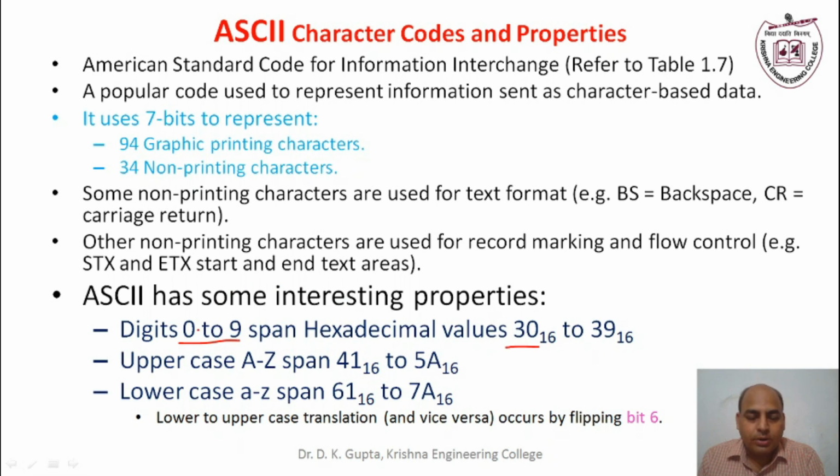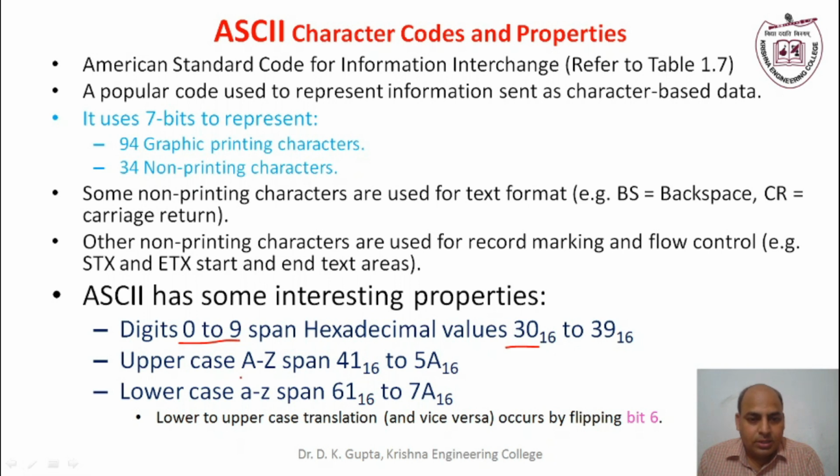The ASCII code for 5 is 5 added to 30, equal to 35H. 9 is equivalent to 39H. So for digits 0 to 9, the equivalent ASCII code can simply be obtained by adding 30H. 5 is equivalent to 35H, 7 to 37H, 9 to 39H.